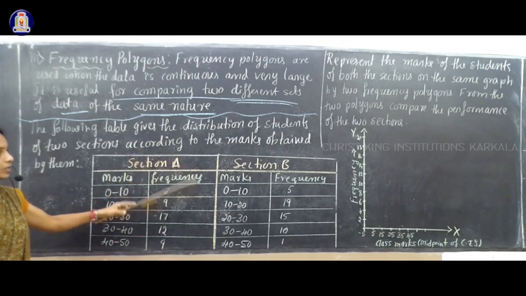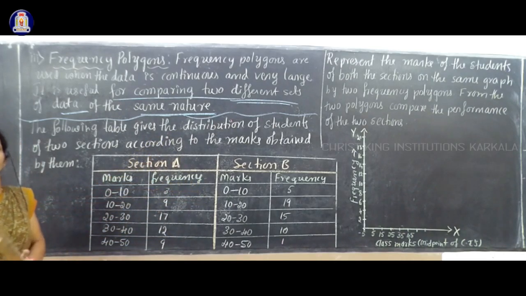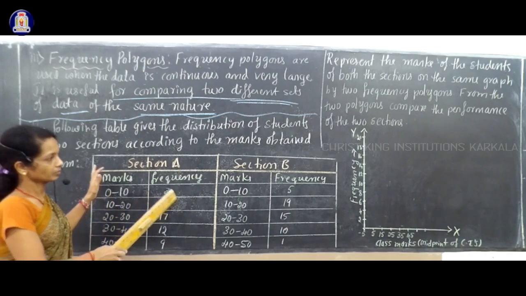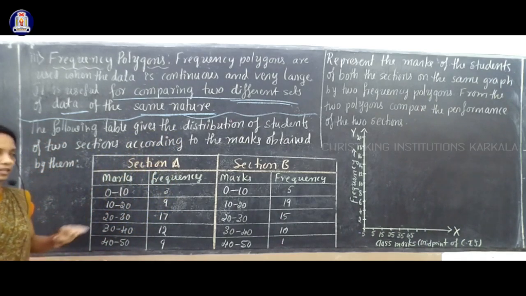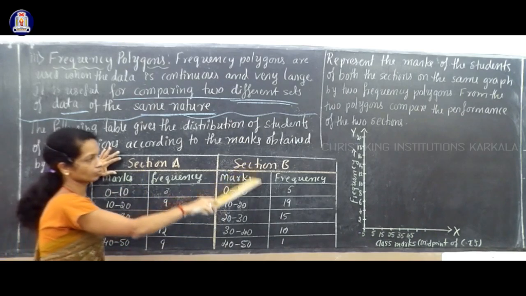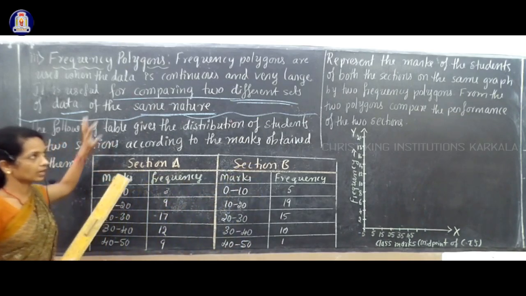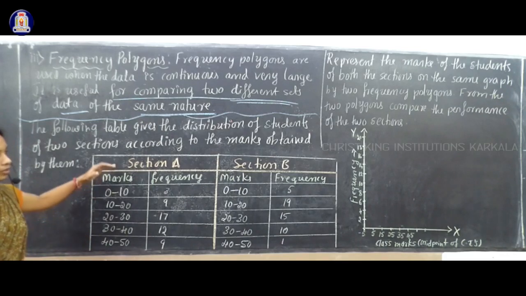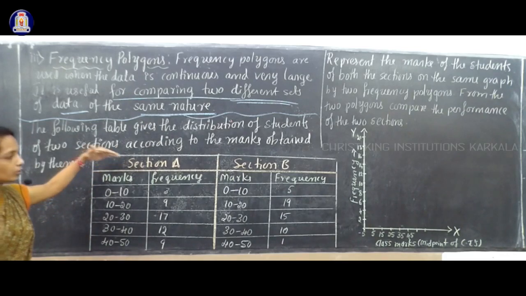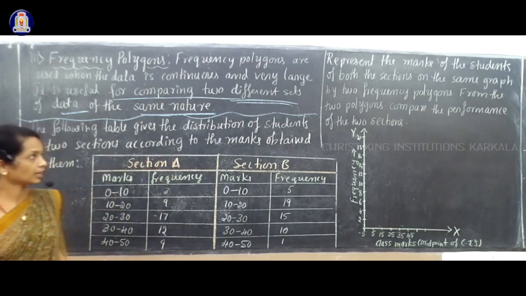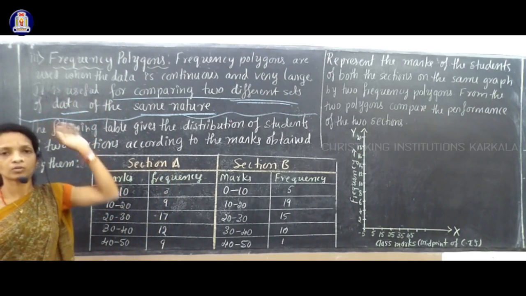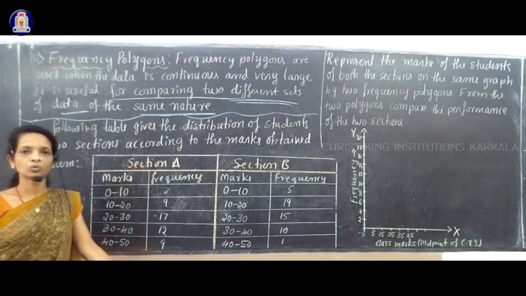This is the distribution of students according to the marks scored by them. This is of section A, this is of section B. So when the data is very large, and you are given two different sets of data like this of the same nature, then we use frequency polygons to compare the two data.